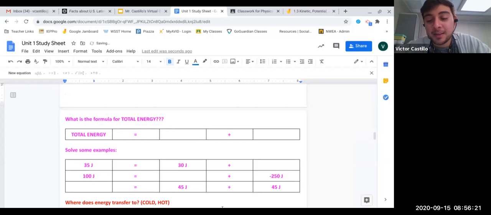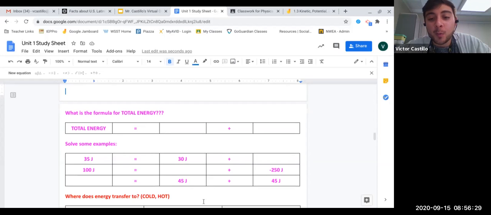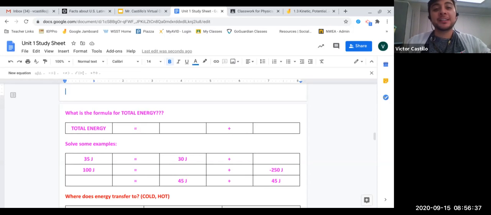Awesome. Now, let's do the second one. What is the formula for writing total energy? What do we know about total energy? Remember, total energy is what, specifically, right? So we know total energy is the sum of what though?